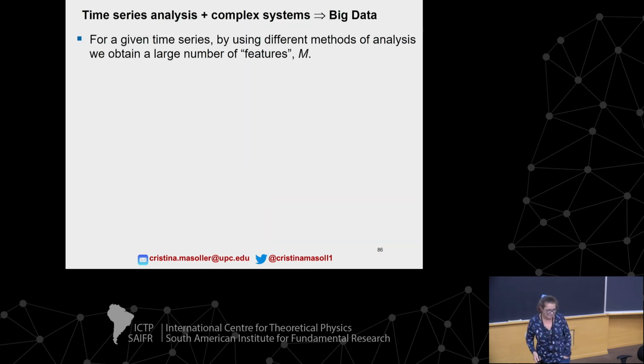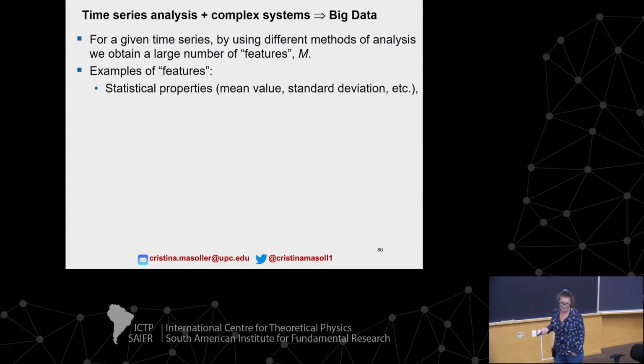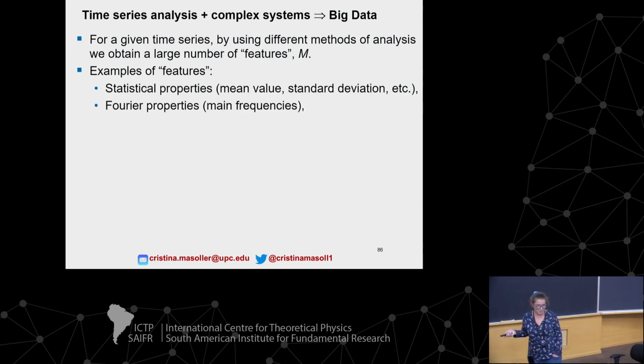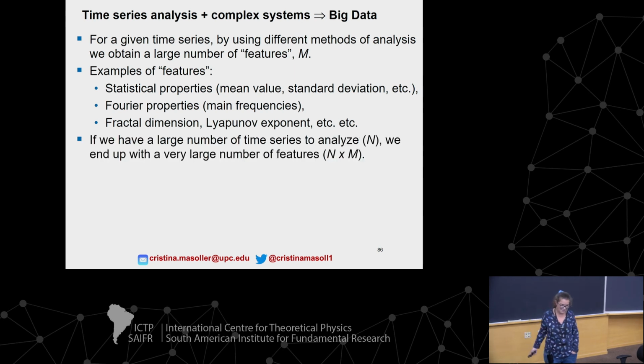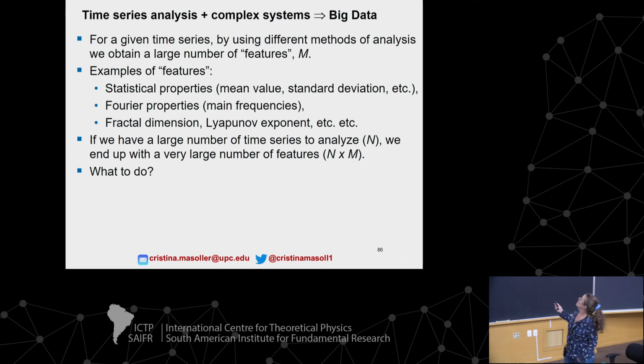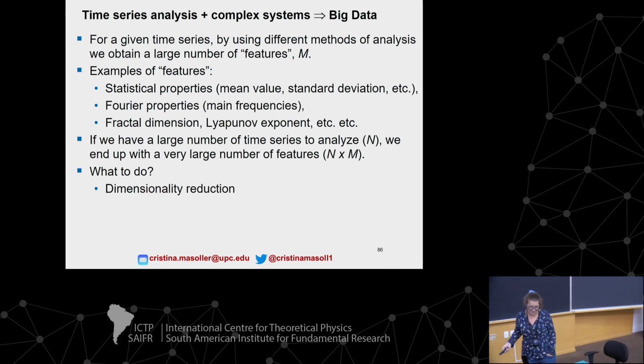So basically, I'm finishing with this big data issue: we get lots of features from time series analysis, all these Fourier, fractal, probabilities, permutation entropy, whatever. You have a huge number of features, and you might have a large number of time series to analyze, so this is big data.